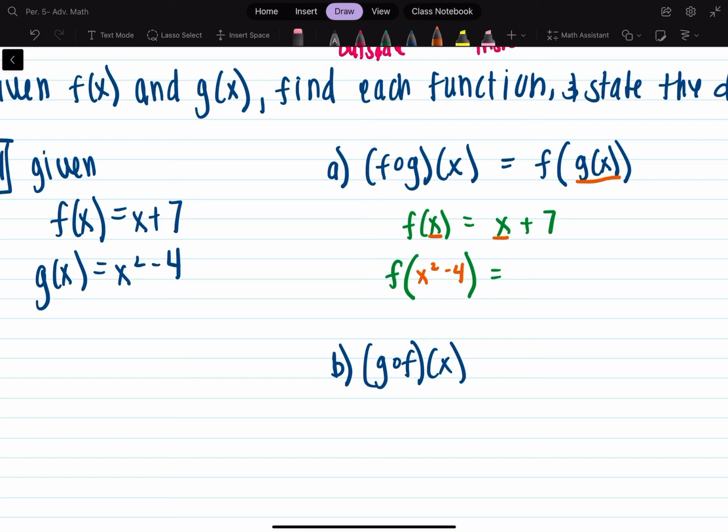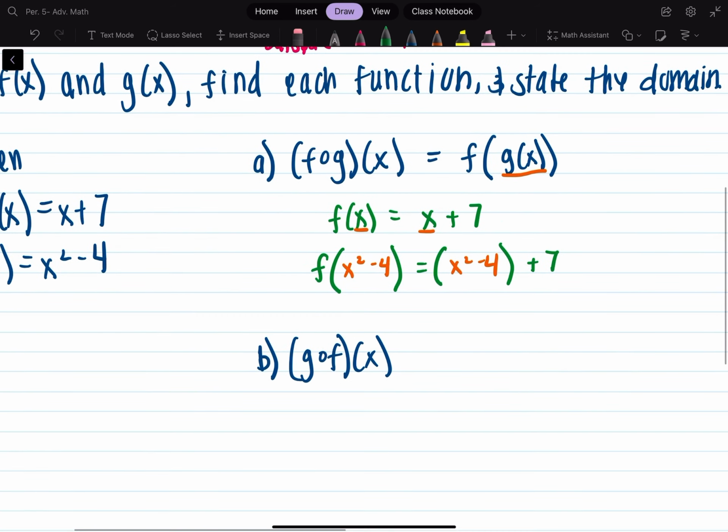I am going to substitute in my x squared minus 4. And then just copy over the rest of my function f, which is just the plus 7. So if you notice here, this is just f of x, but rather than writing the input of x, I'm substituting in an entire function, g of x, into my input.